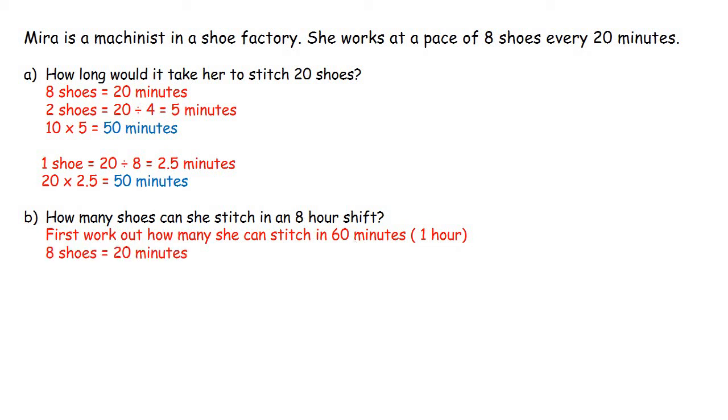So 8 shoes takes 20 minutes. I'm going to multiply by 3 for 1 hour, 60 minutes, because 20 times 3 is 60. So she's going to do 3 times as many shoes, 24 shoes in 60 minutes. And then to work out 8 hours, 8 lots of 60 minutes, I'm going to multiply by 8, which gives me 192 shoes.